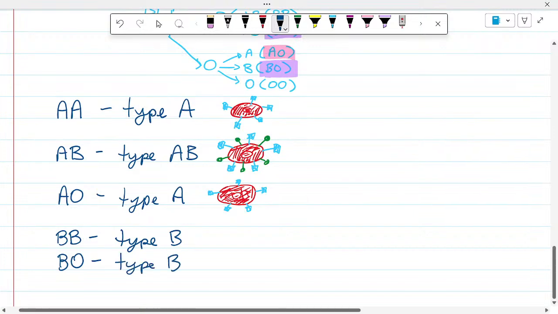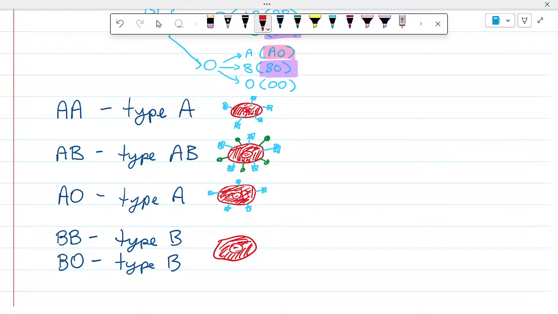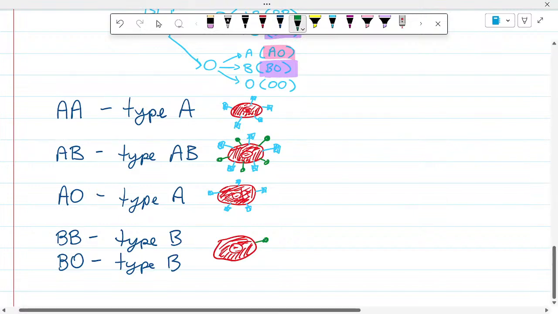I'm just going to draw those next to each other. Save some time. And what are they going to look like? Yeah, they've got little green B antigens on them.